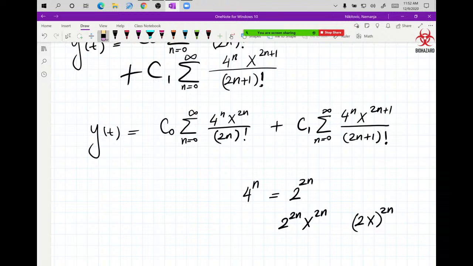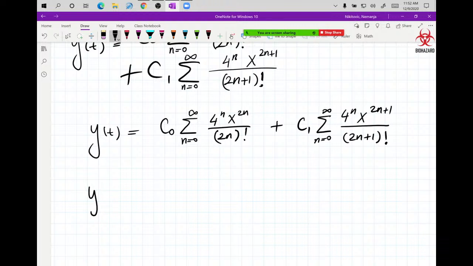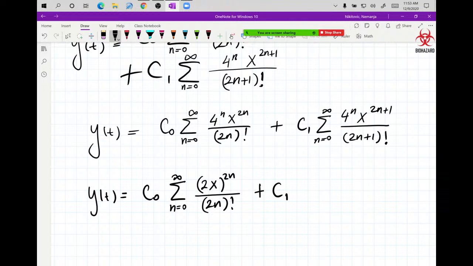So I can rewrite this mess now as y of t is equal to C0 summation n goes from 0 to infinity, and then this becomes 2x to the 2n divided by 2n factorial, and the same thing over here happens, right?